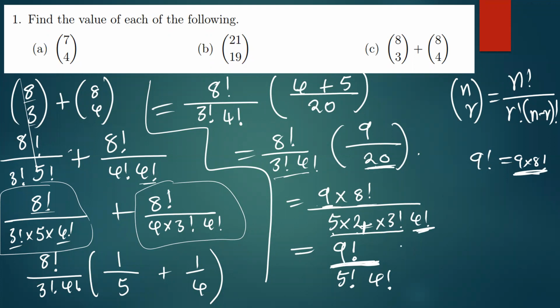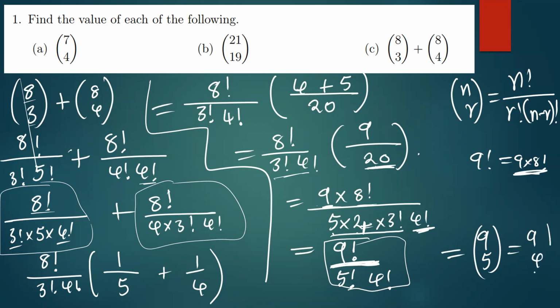So the combination that can be written in this format is simply 9 factorial over, oh sorry, let me write it in terms of the combination. So it's simply just 9 choose 5, or 9 choose 4.